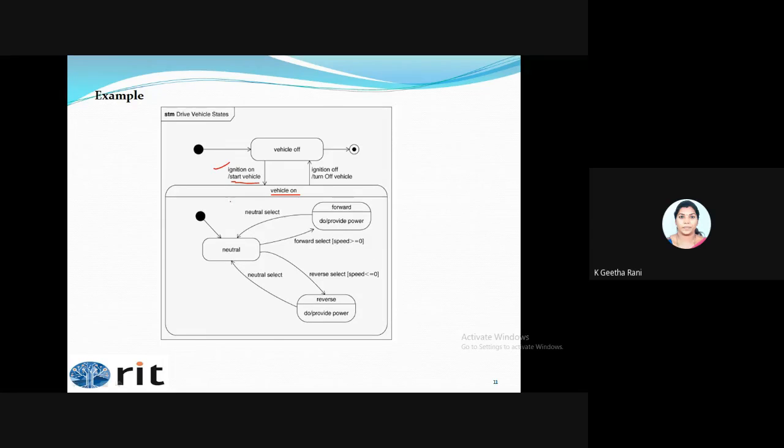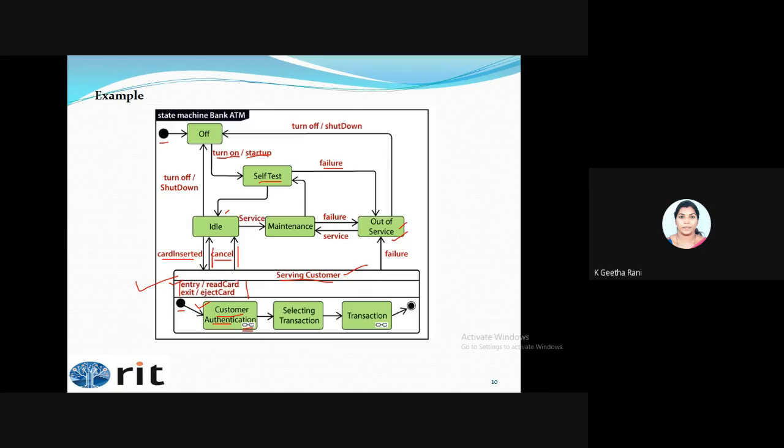Now I'm representing this as a composite because inside this I'm going to have many substates. Here I'm not mentioning entry, exit and all, but I'm putting the activities inside the state itself. For example, forward is a state which has a do activity. We can mention it like this, or generally write it like this.